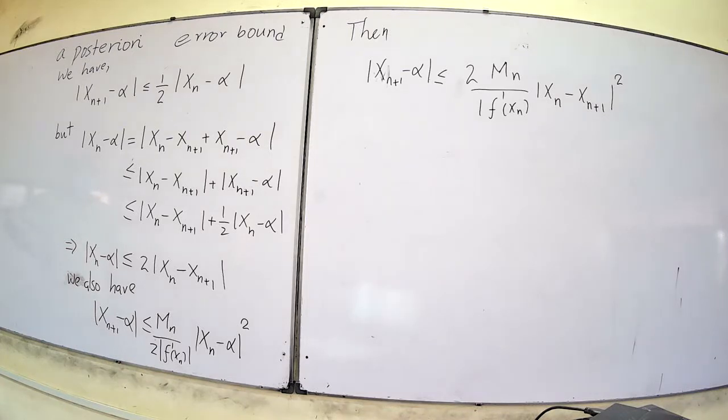So when you substitute it, 4 and 2 cancel out, you get 2, and then this.